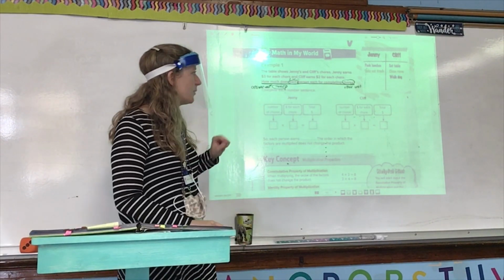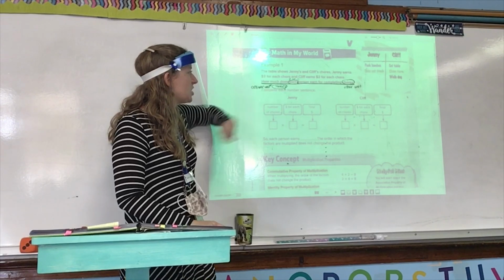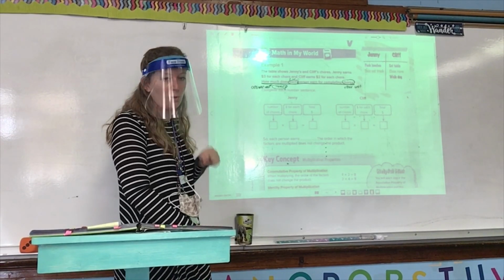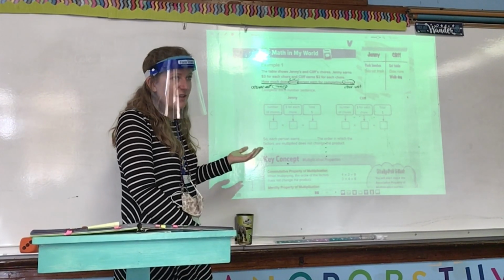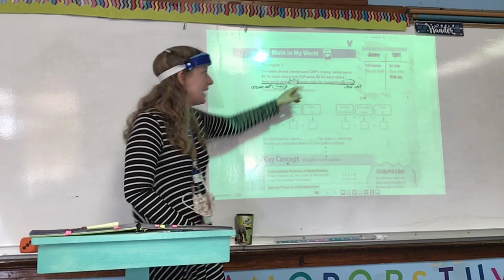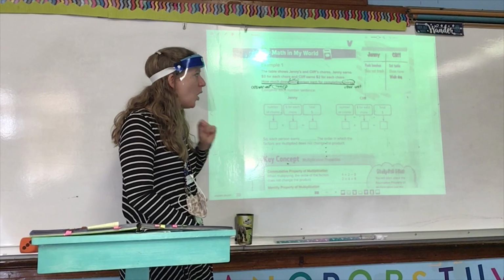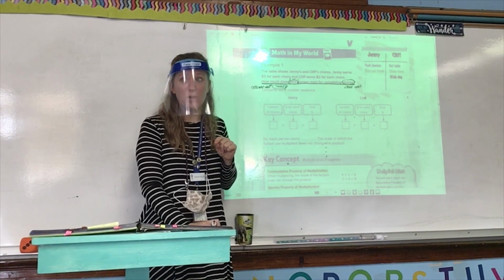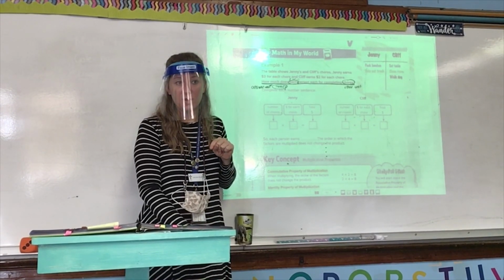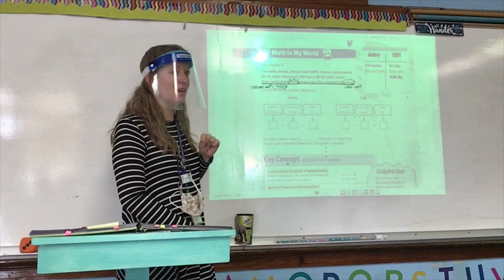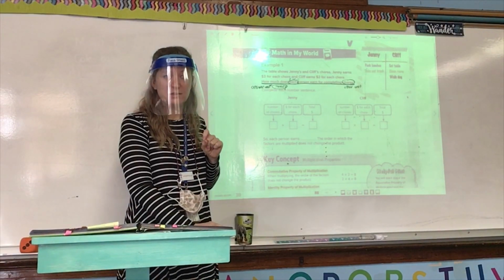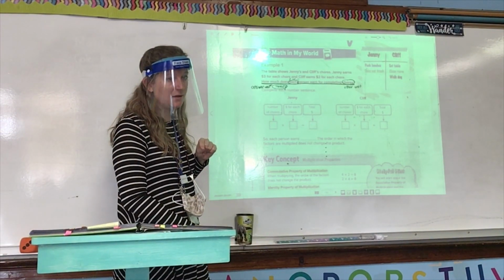So let's reread the question. The table shows Jenny's and Cliff's chores. Well, that doesn't really tell us money or how many. It does say the word chores, but it doesn't tell us how many. Where do we see how many chores they did? Where do we see the number of chores? Cullen? On the piece of paper.